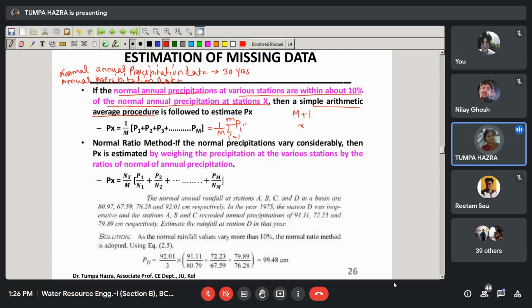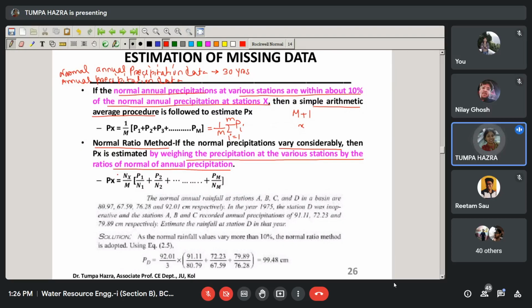But if you find that the normal annual precipitation varies considerably from the x station, then you will apply the normal ratio method, by weighing the precipitation at the various stations by the ratios of normal annual precipitation.